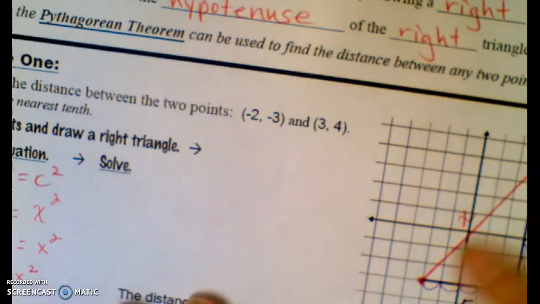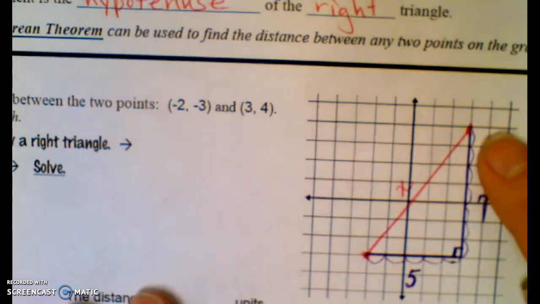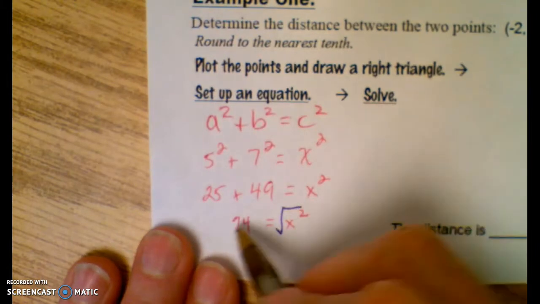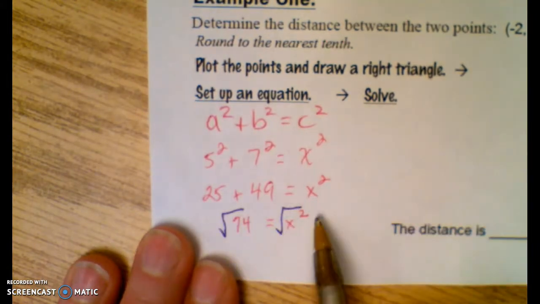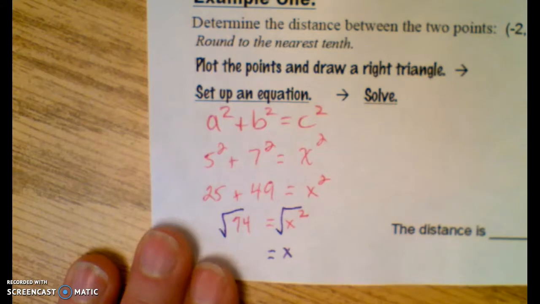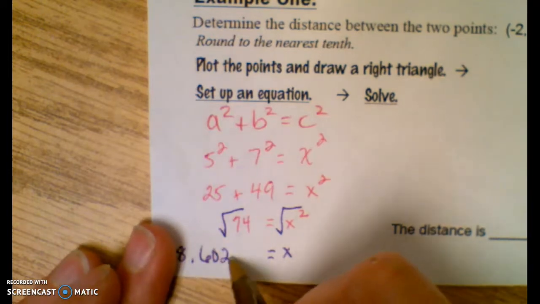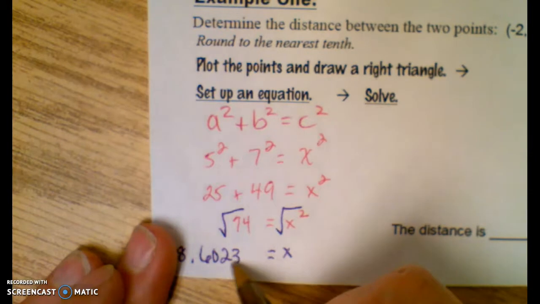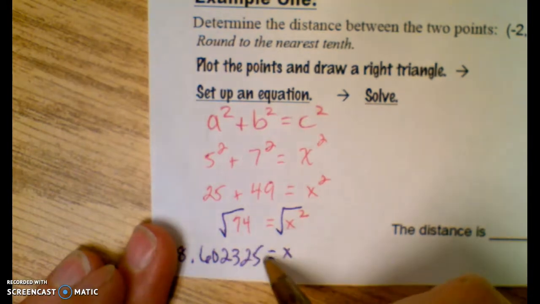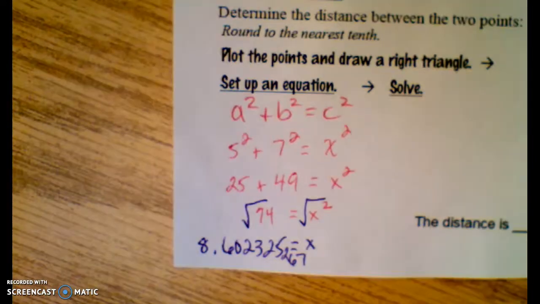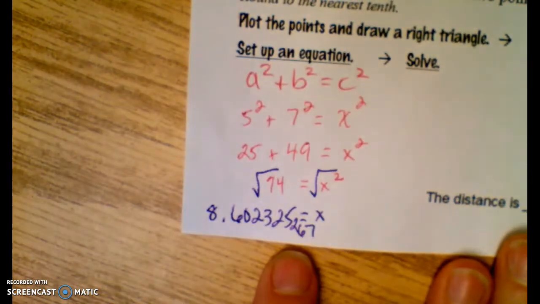Remember, there's no way these connect forming 74 units, so we need to remember that the very last step is to solve for x. Taking the square root of x squared gives us x. Taking the square root of both sides keeps your equation balanced. The square root of 74 is 8.602325267. Okay, so you'll recognize this number hopefully as being an irrational number.